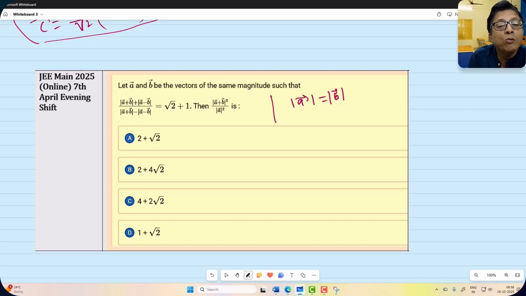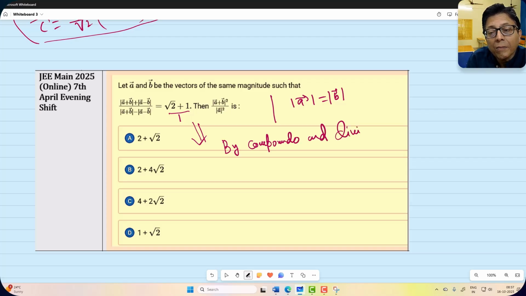But with the modulus, if we just put 1 over there, we can use componendo and dividendo. What do you get?